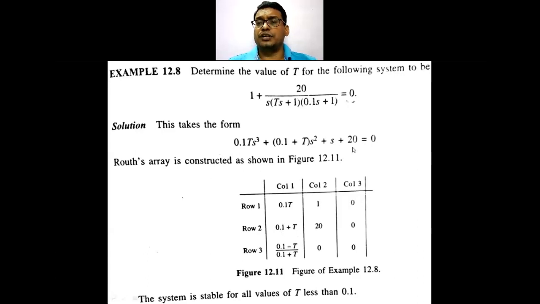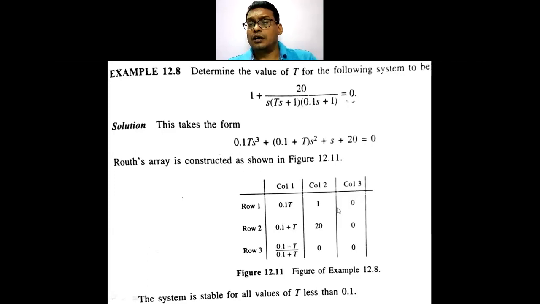Then 0.1 plus t is the even coefficient, and this is A4, 20. So 0.1 plus t into 1, minus 0.1t into 20, divided by 0.1t, is going to give you the coefficient C3.